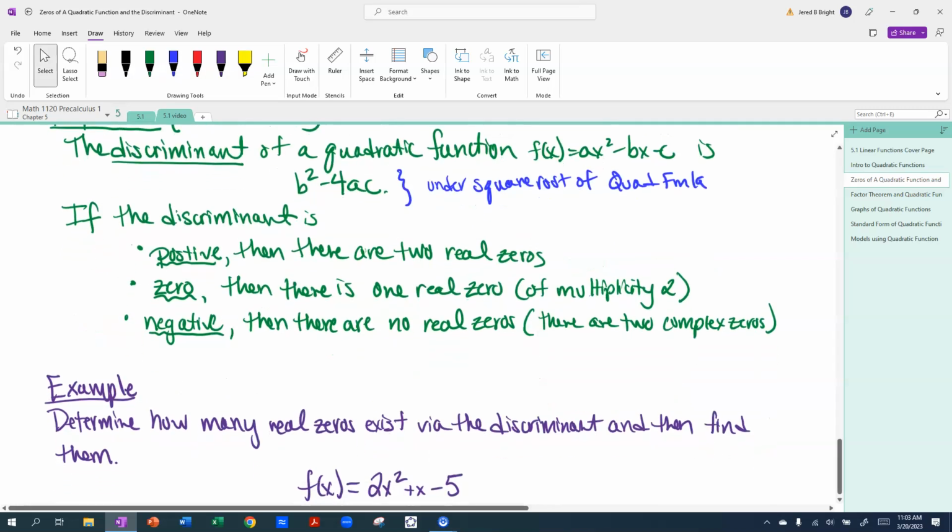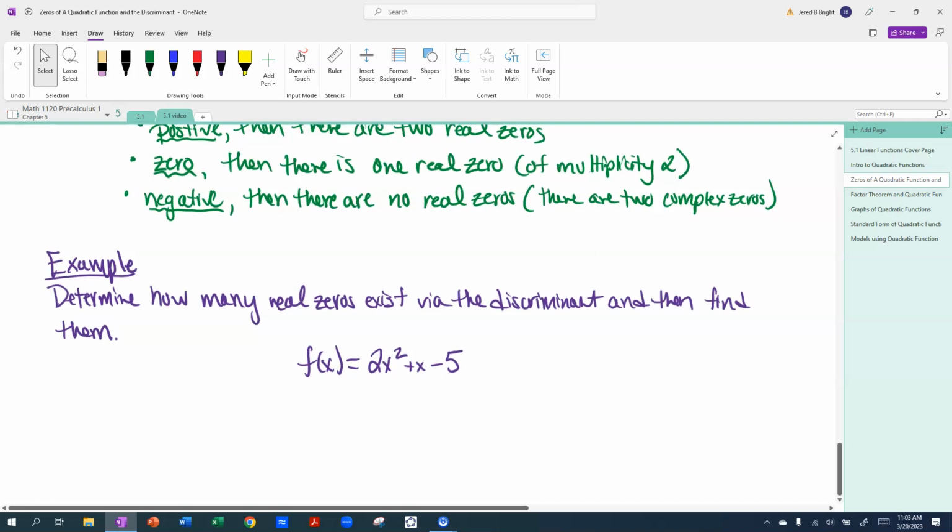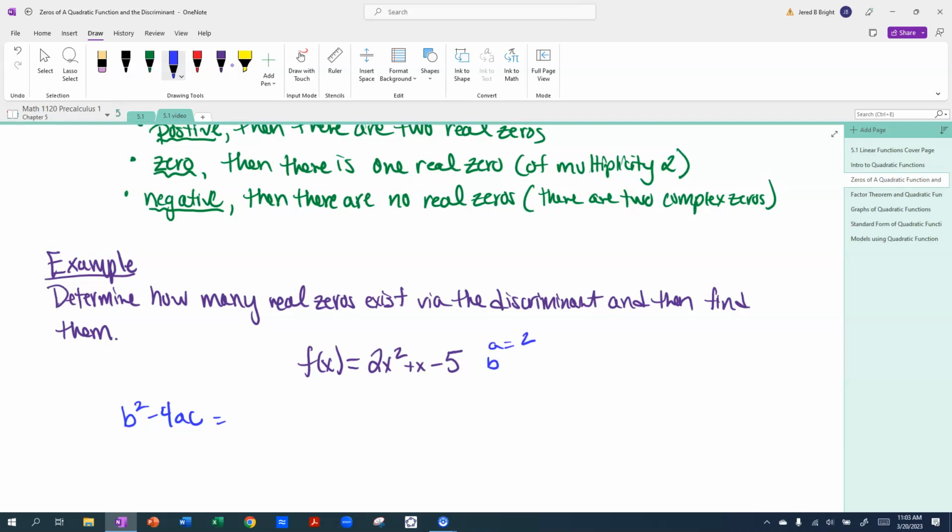And so if we look at this function and calculate the discriminant b squared minus 4ac, I'm just going to come off to the side. A is 2, b is the coefficient of x, which is 1, and c is negative 5.